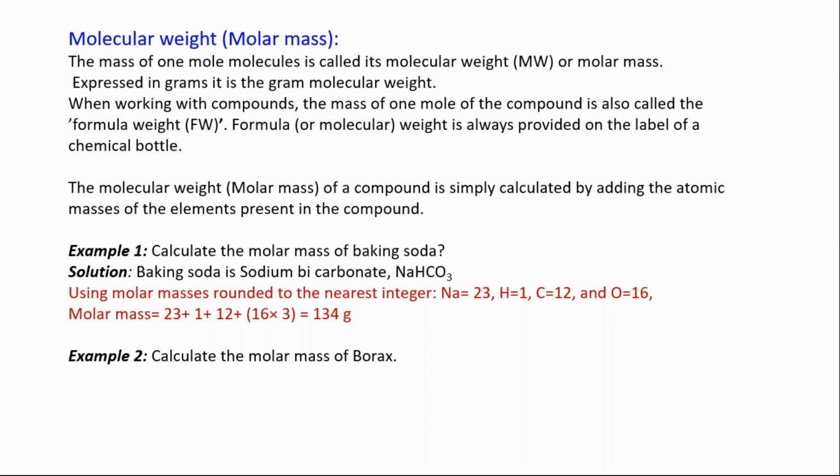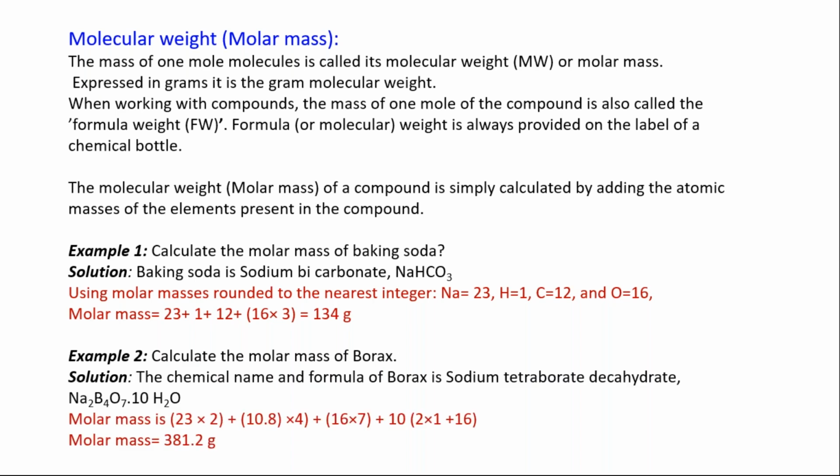A similar question: calculate the molar mass of borax. These are compounds that you generally use in the laboratory, and you find in analytical procedures also, it says add borax. So you need to be aware of these formulas. What is the formula for borax? Borax is nothing but sodium tetraborate decahydrate.